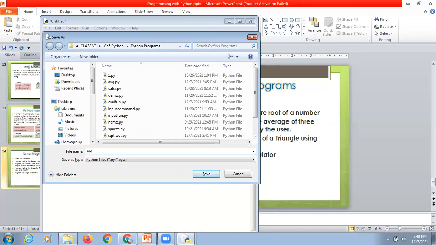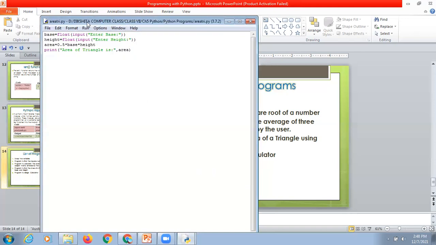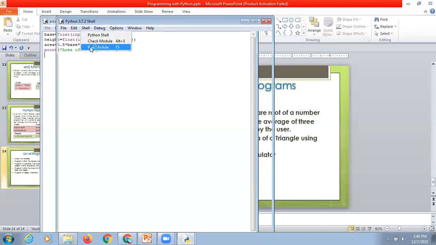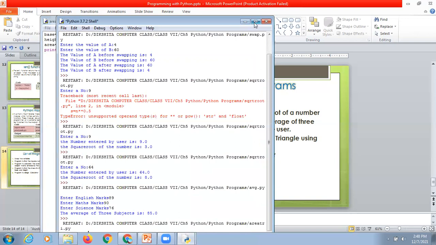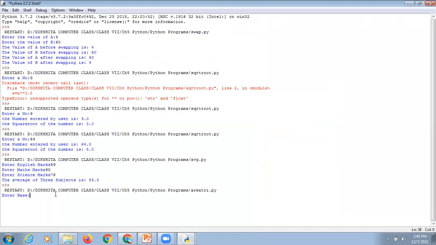Area try. Run it. So base is 7, height is let's say 10. Area of the triangle is 35. Half base into height and 5, right? Okay, so the area is correct.